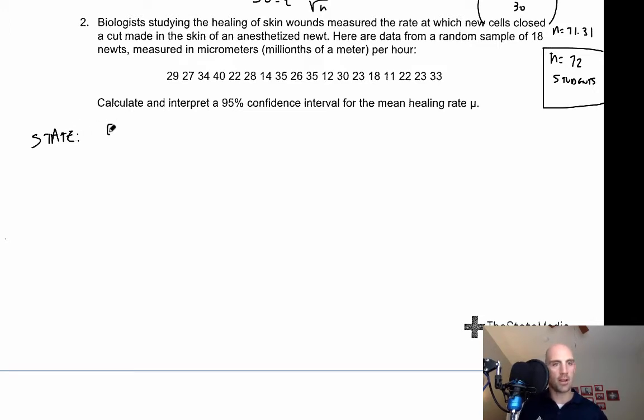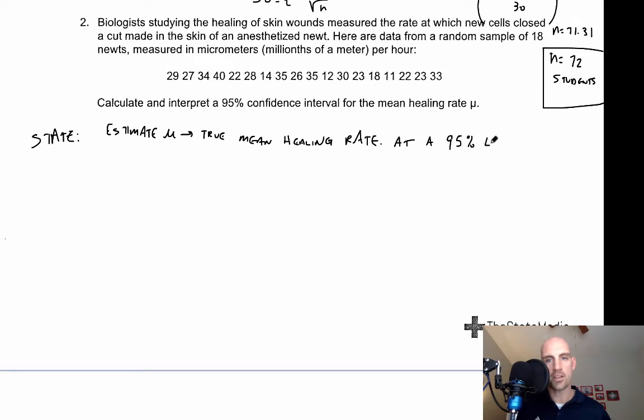Well, we want to estimate mu, which is the true mean healing rate, at a 95% level. And 95% level is an acceptable way to say that. We don't have to say 95% confidence level.